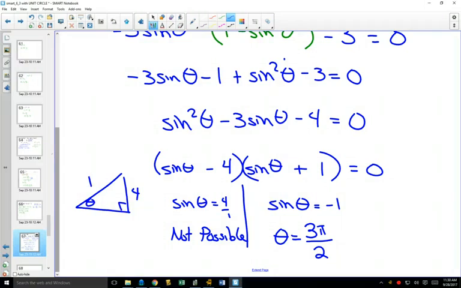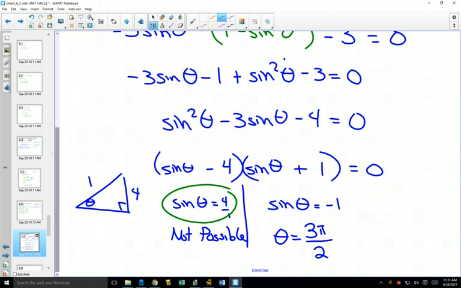The hypotenuse can't be smaller than the opposite side. So anytime with sine and cos, where you get a fraction that's bigger than 1, that doesn't make sense, because you can't draw that right angle triangle with the opposite over hypotenuse being bigger than 1, because that would make your hypotenuse smaller than your opposite side.